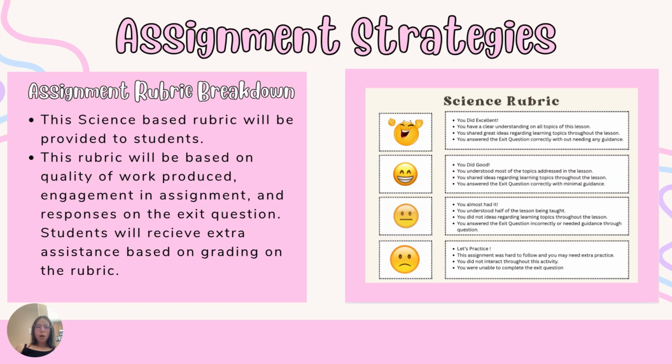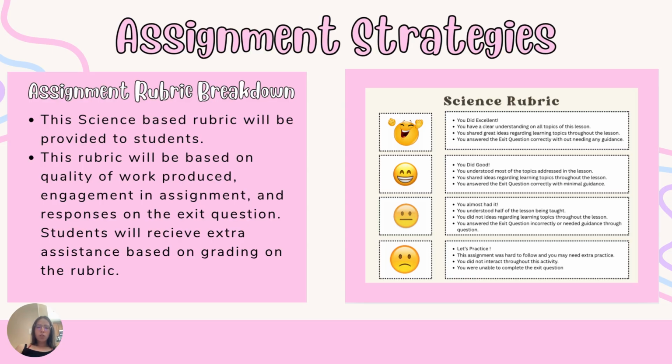And on to assignment strategies, which would essentially be the assignment rubric breakdown. So, the assignment rubric breakdown is a science based rubric that will be provided to each student. This rubric will be based on quality of work created, engagement in each activity, and responses to exit questions.